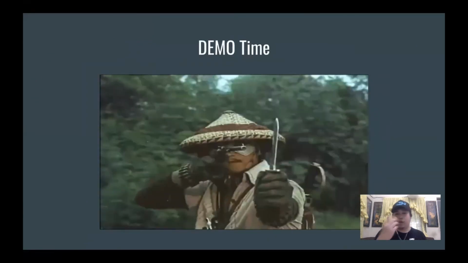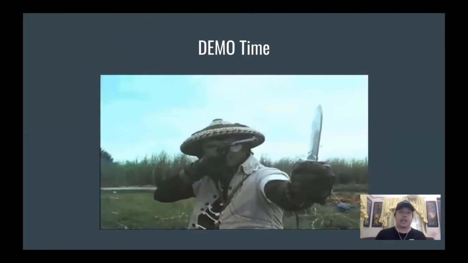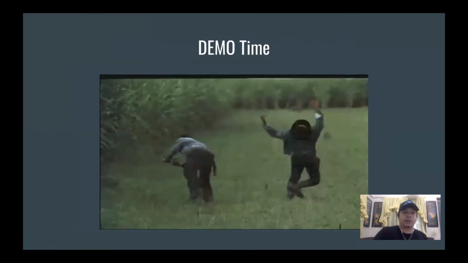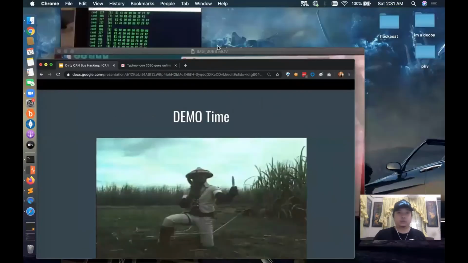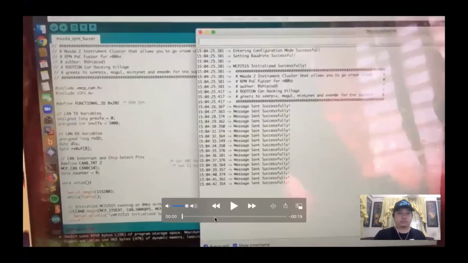Now, I don't usually have a lot of demos, but I'm just going to show my hardware that I have at home. And here it goes. Basically, I uploaded a sketch to my CAN board, and this actually fuzzes the instrument cluster of a Mazda 2.